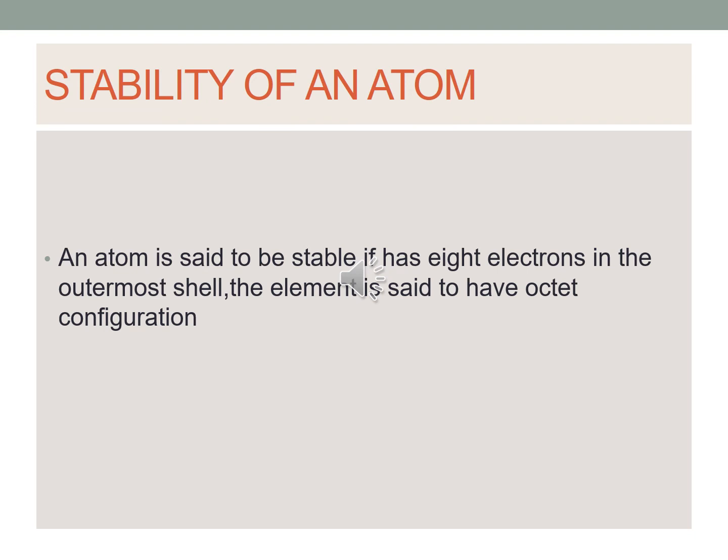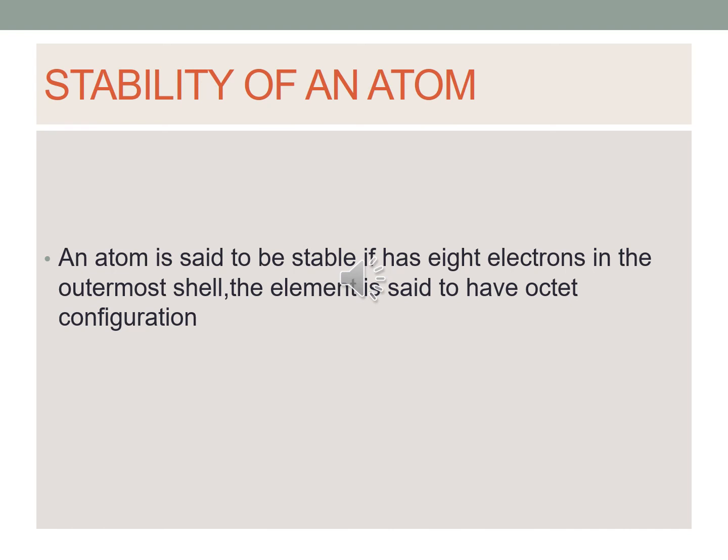If there are 8 electrons in the outermost shell, the element is said to have an octet configuration, except the first shell K, which can have a maximum of only 2 electrons.